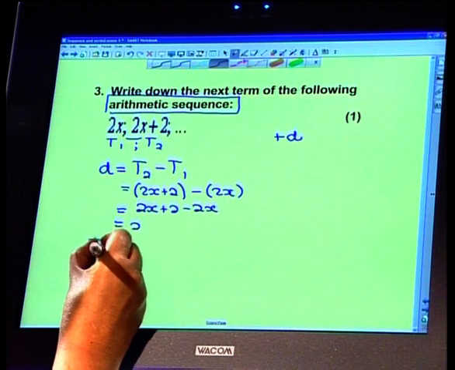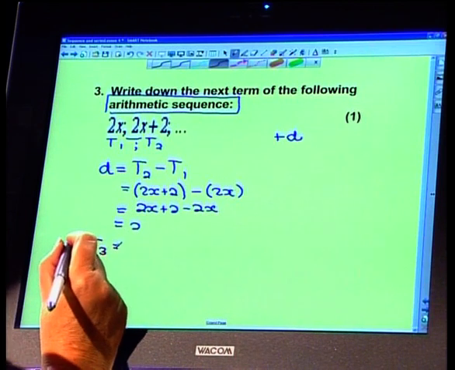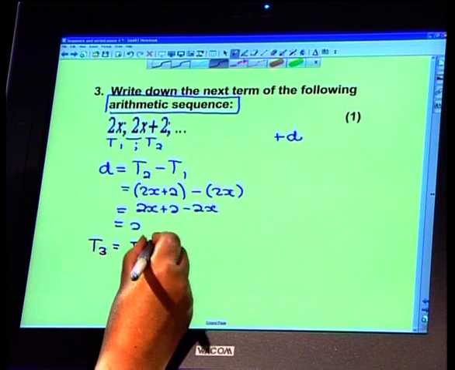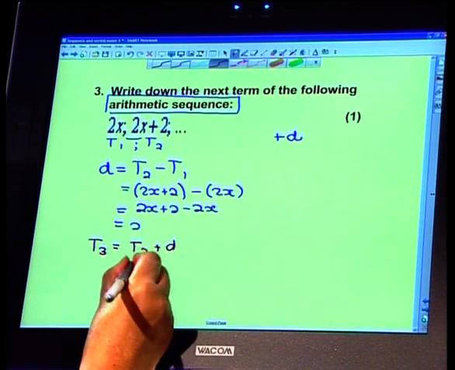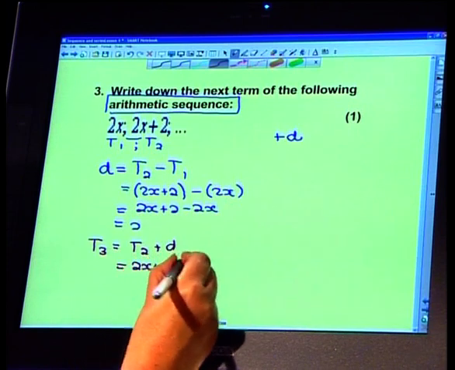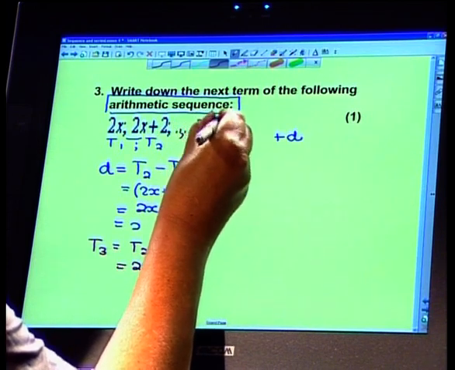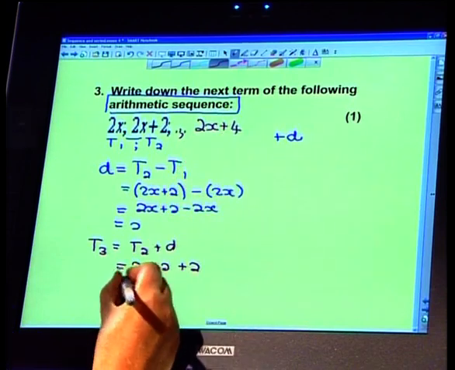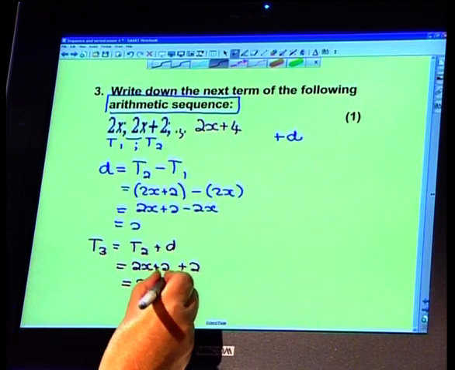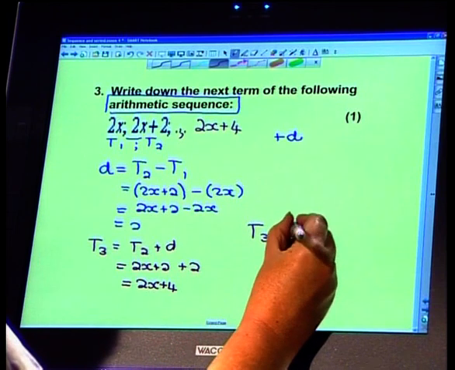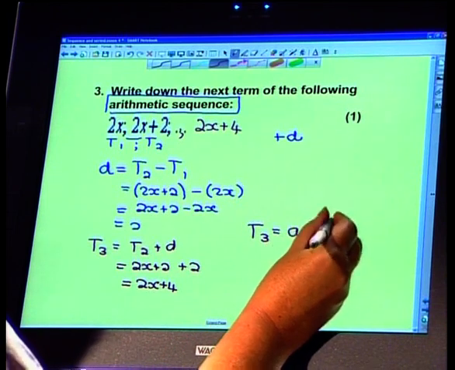So is there going to be a problem providing the next term? No, term 3, and I don't even have to use the formula I've developed. I can just go straight into it, will be term 2 plus the difference. Term 2 being 2x plus 2, add on 2, so it's going to be 2x plus 4. Now, if I did decide to use the formula, it would have been fine, because that would have become a plus 2d.